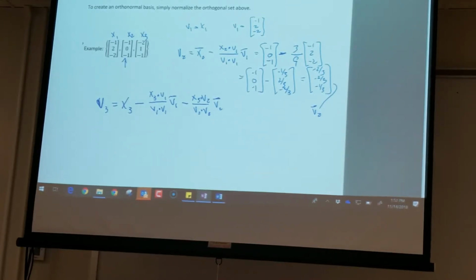So just scale it so that we're dealing with nice numbers. What if instead of v2, we call it v2 star, equal to the scaled version of v2 so that there's no fractions. We'll call it -2, -2, -1. I just multiplied everything by 3. Okay? So we scaled it.